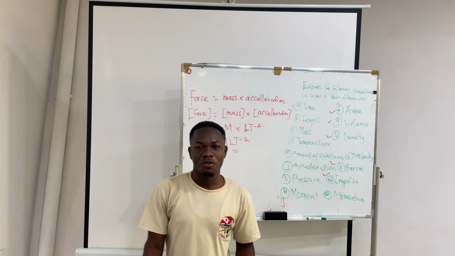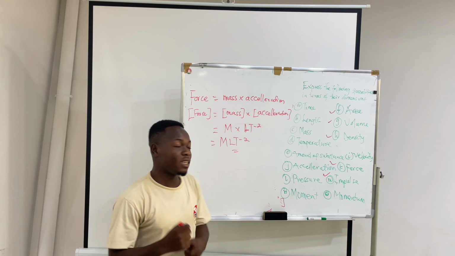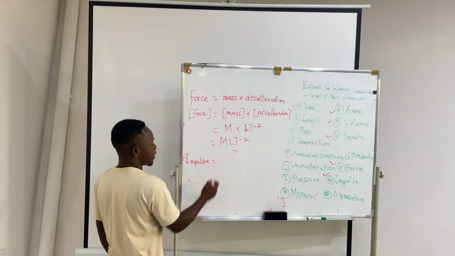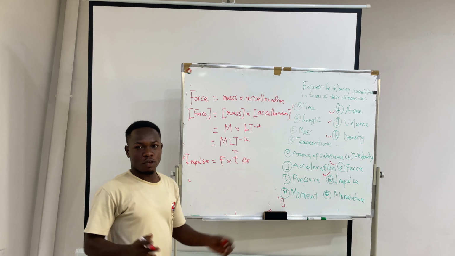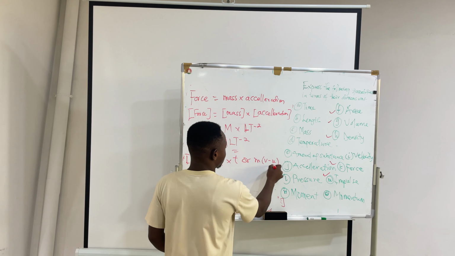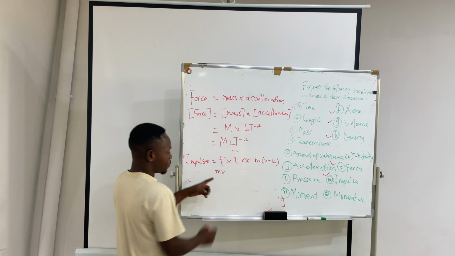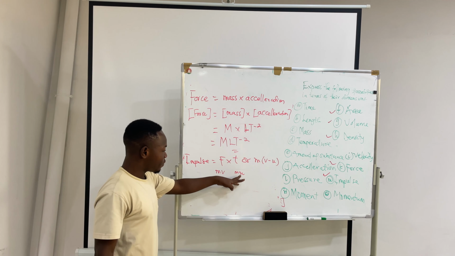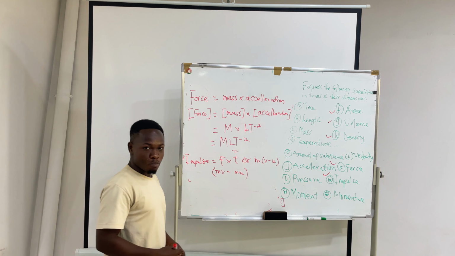Now let's look at impulse. What is impulse? Impulse is the time effect of a force. The formula for impulse is given by F times T, or change in momentum, so M(V minus U). This is momentum for the initial velocity and final velocity, so the change in this is what we call impulse.